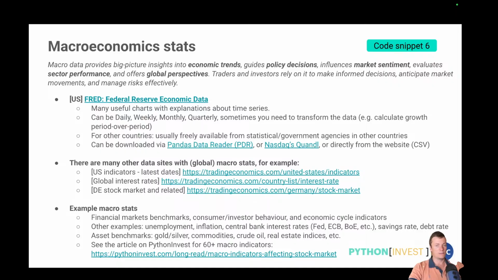That's why I suggest that you check on other sites what are the most used macro indicators, like these US indicators, and you can then search for those indicators on FRED and find those data points. Otherwise, it's quite hard to compile a good subset of macro metrics from FRED.